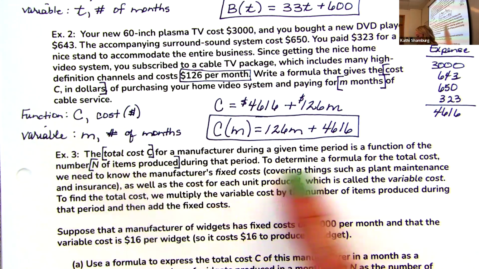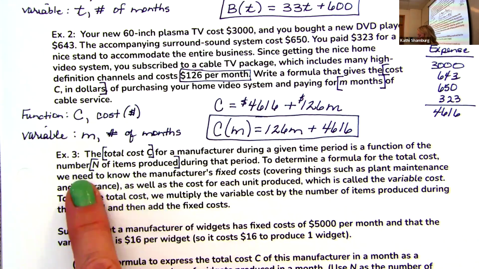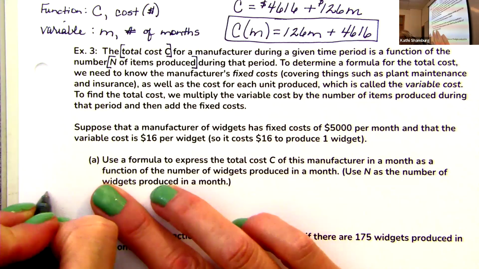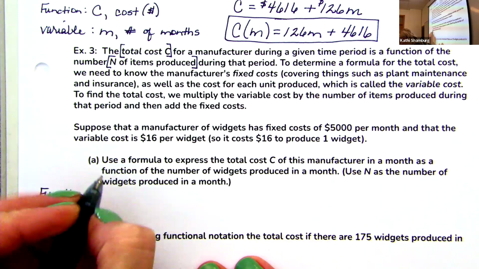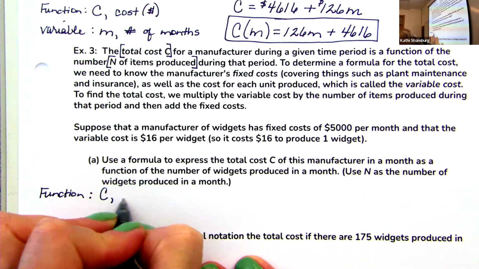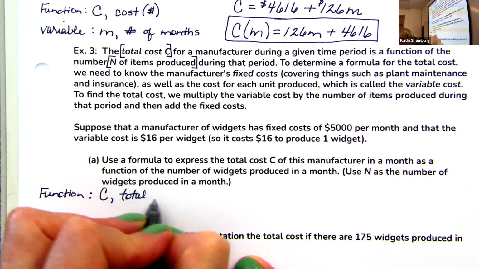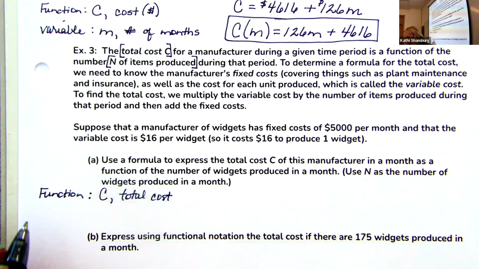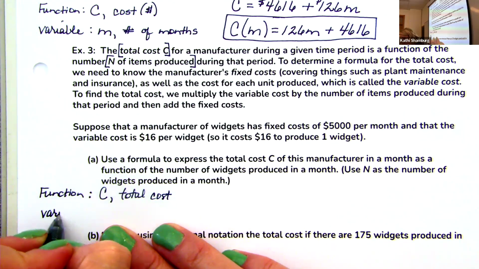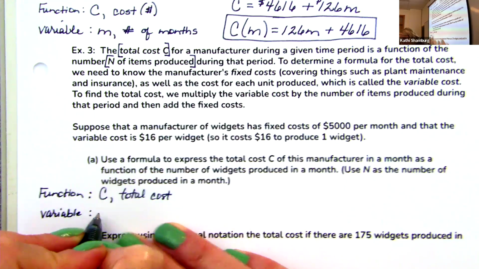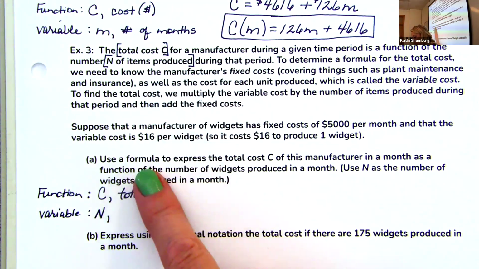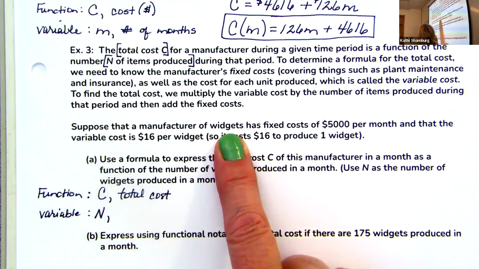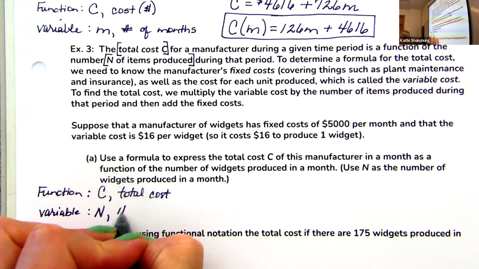The cost is the function of this. So I know that my function is C, which is total cost. And then my variable is N. Now, N is items produced, and here's what we're producing, widgets. So instead of saying number of items, I'm going to say number of widgets.